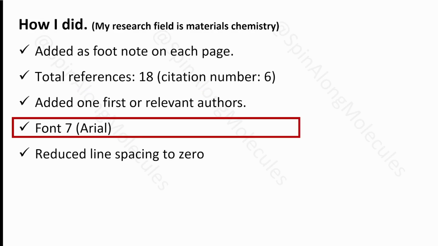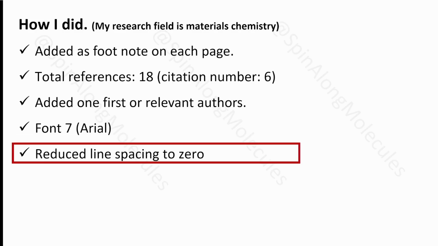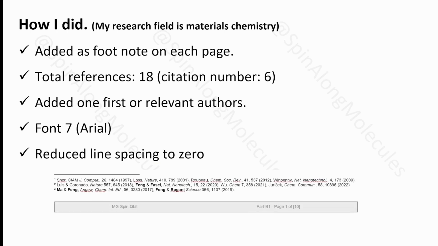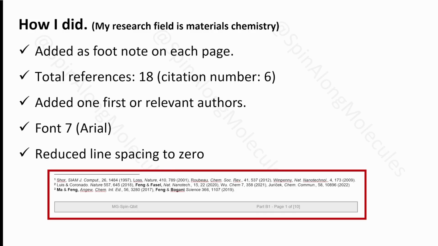I used Arial font 7 for my references. Maybe it looks too small to you, but I think it looked fine in my proposal. When I print it out, I can read it. And I reduced the line spacing to 0 to save more space. This is an example from page 1 of my proposal, showing how the references looked. You can see I added one author, then a short abbreviation of the journal, its volume number, page number, and then its year.